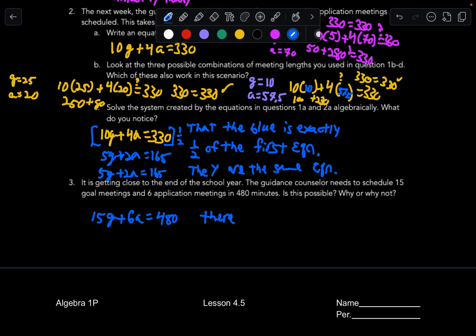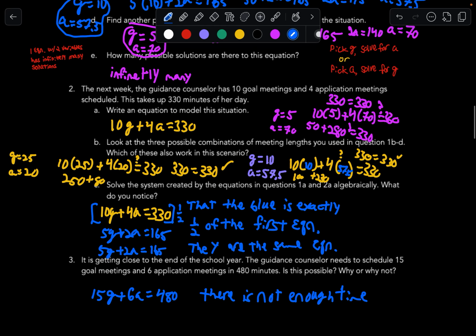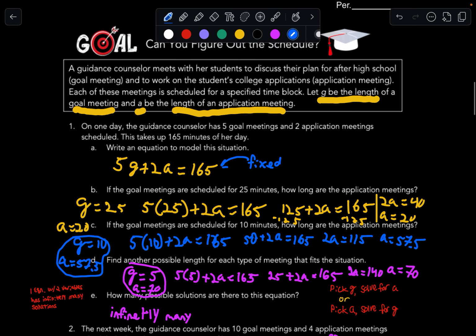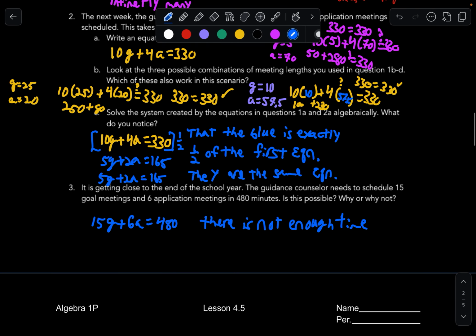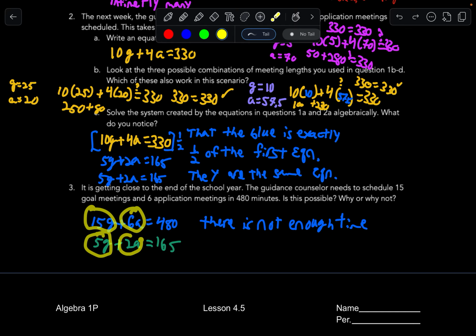There is not enough time. Because we already know that if we look at this 5g plus 2a equals 165, do you notice that the top equation is 3 times that on the left here? 15g is 3 times 5g. 6a is 3 times 2a.